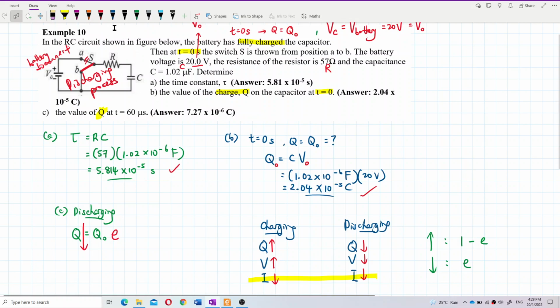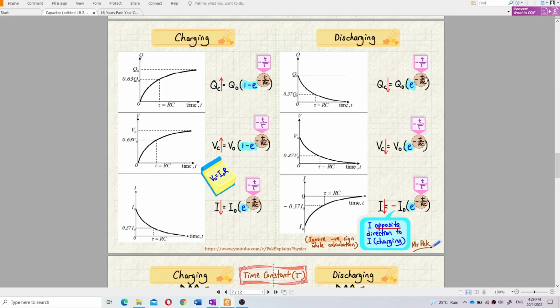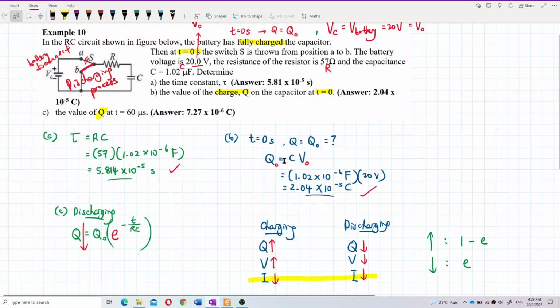Okay, and then over here I should write negative time over RC. So that's the formula. That's how I remember this complicated formula. Do you know that this RC is actually the time constant also?